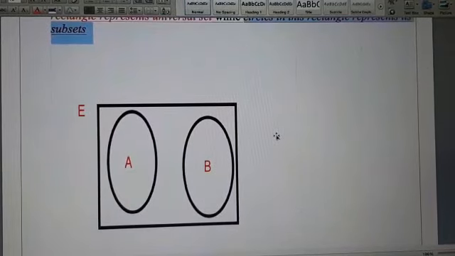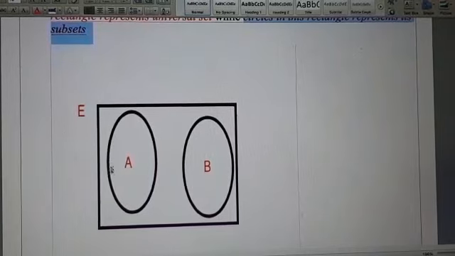This rectangle represents a universal set, a set that contains all the subsets in itself, while circle A and circle B both represent subsets.